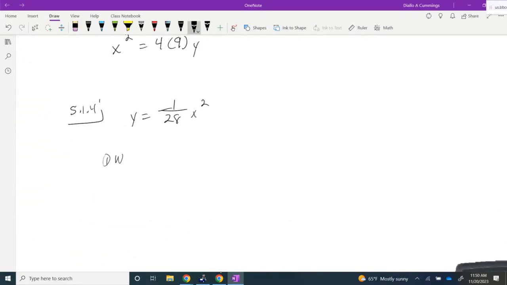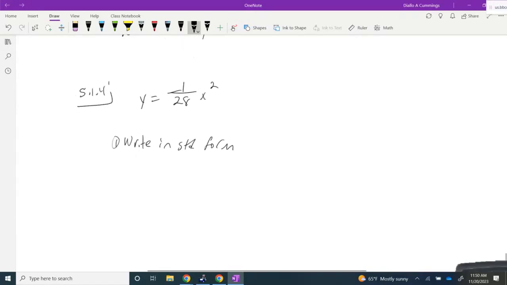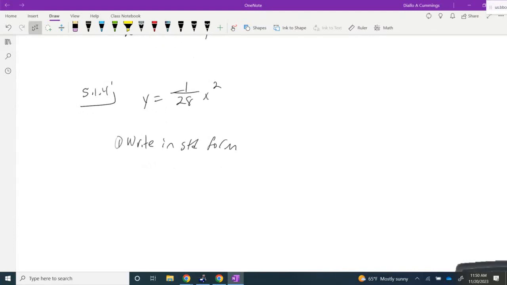So the first thing we're going to do is write it in standard form. Just like we did for the first problem, I'm going to multiply both sides by 28 so we can get the squared term on a side of the equation by itself. When we multiply the left-hand side by 28, we get 28y.